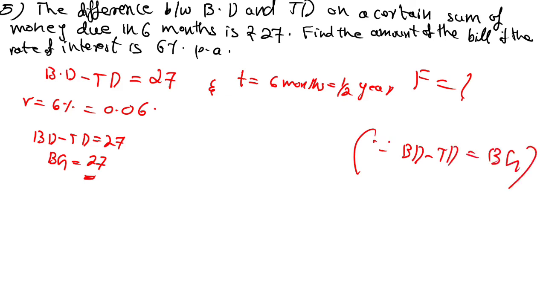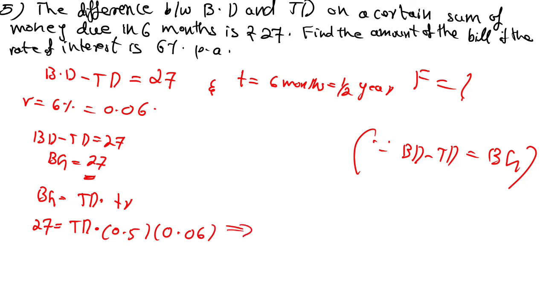We have the formula BG equal to TD into TR. 27 equal to TD into T, unexpired time 0.5, half year, into rate of discount 0.06. If you simplify this, you'll get true discount equal to rupees 900.